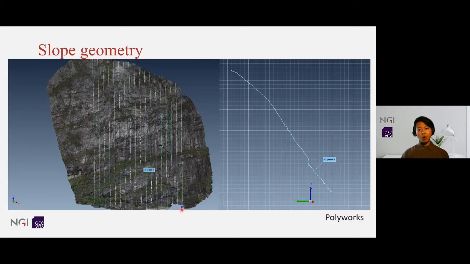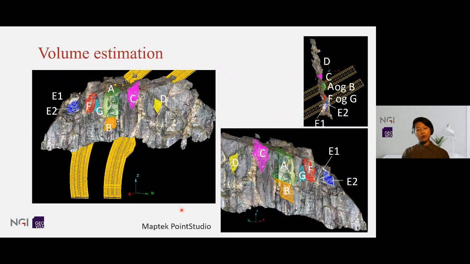We can also get a more accurate estimation of the geometry, and we can use this geometry in an optimization of the rock support design or evaluation of the stability. We can also use it to estimate volume of potentially unstable blocks, which give us a better idea on how much bolting capacity that is required.